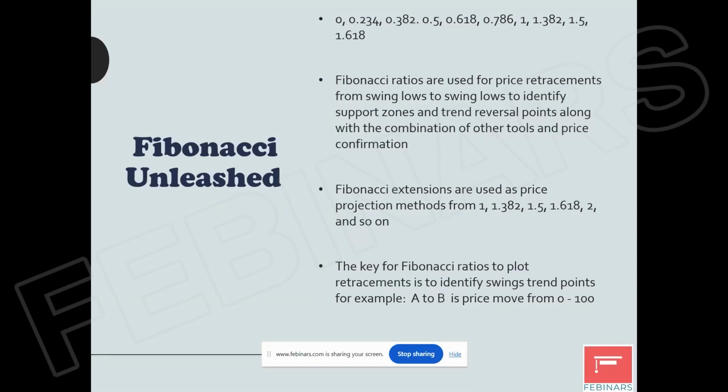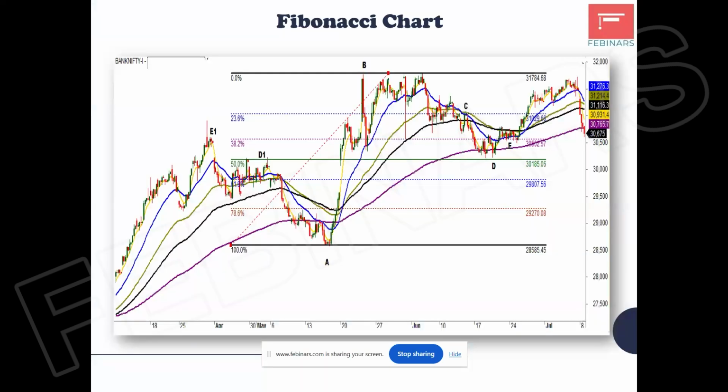That is why the major Fibonacci extensions are used for price projection methods, as I explained. The key Fibonacci ratios are used to plot the retracements to identify the swings from A to B price. Here we are seeing an example of how the Fibonacci ratios are marked.